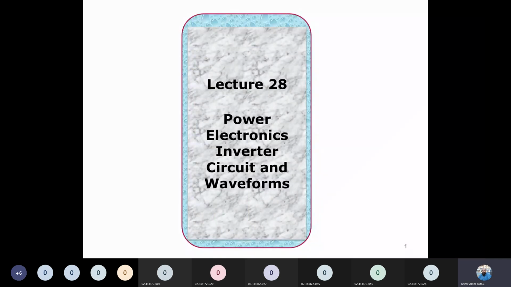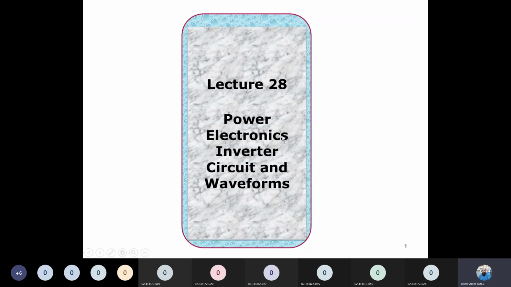This is the next lecture, power electronics, inverter circuit and waveform. Again, we will try to focus on the inverter circuit, waveform, and a few numerical examples.